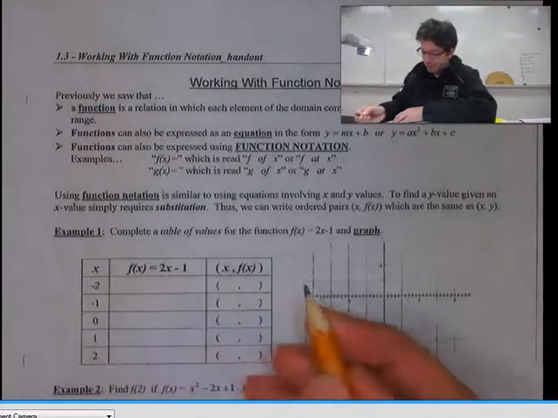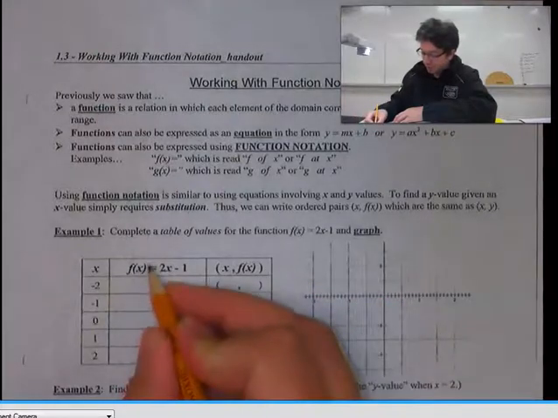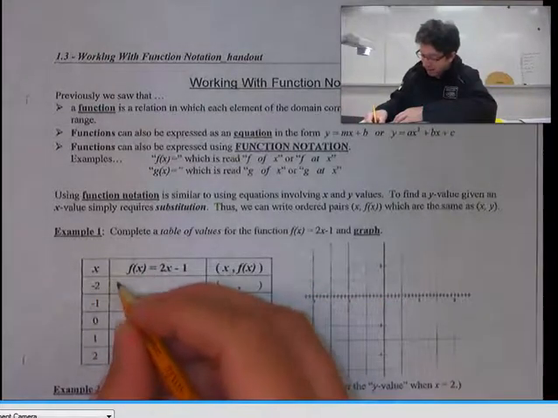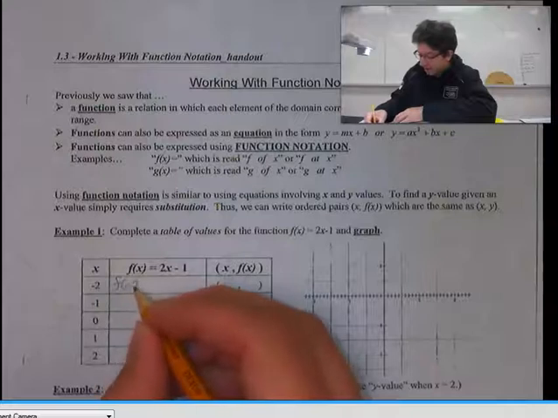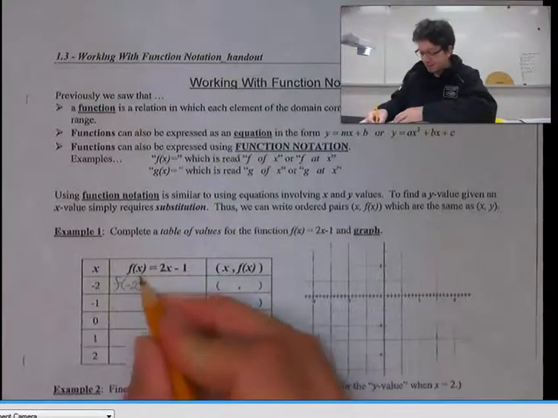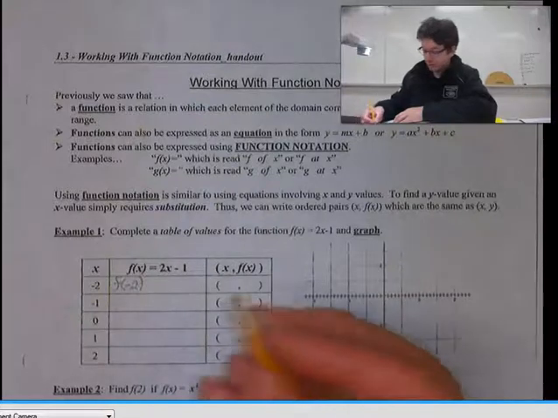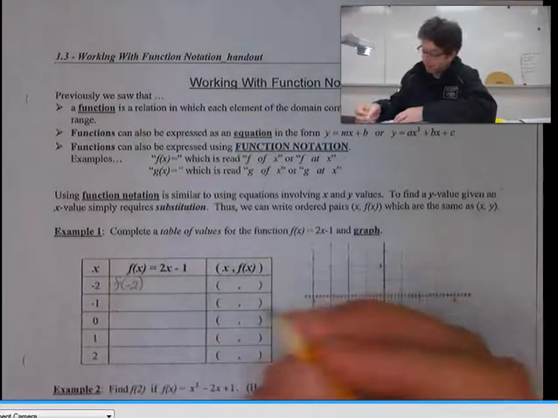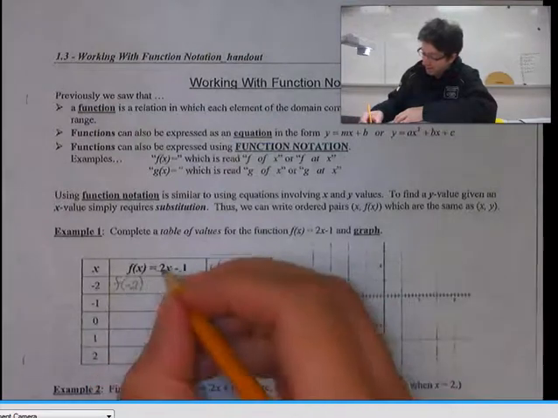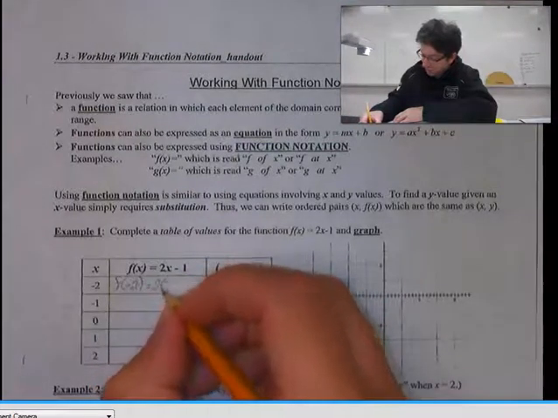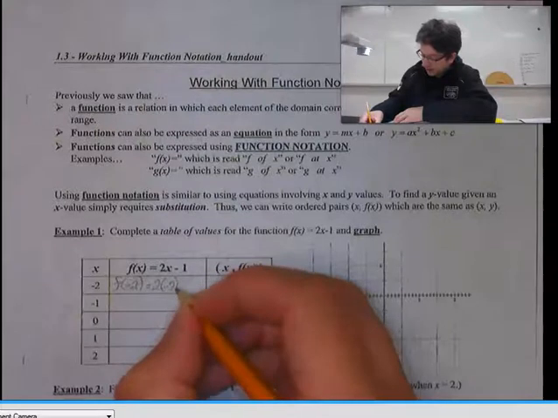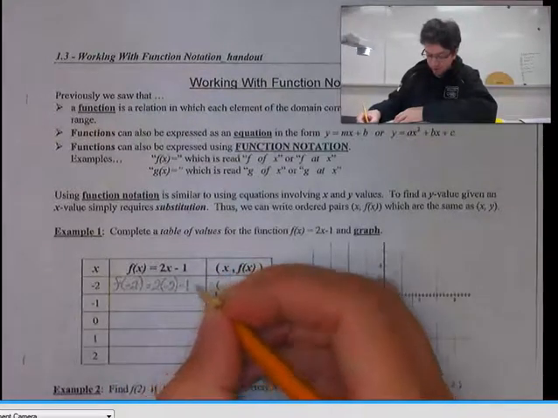If we wanted to analyze where that function is at x equals minus 2, we write f at minus 2. And that's information you wouldn't get by writing simply y. Then we substitute minus 2 in for x: 2 times minus 2, minus 1.